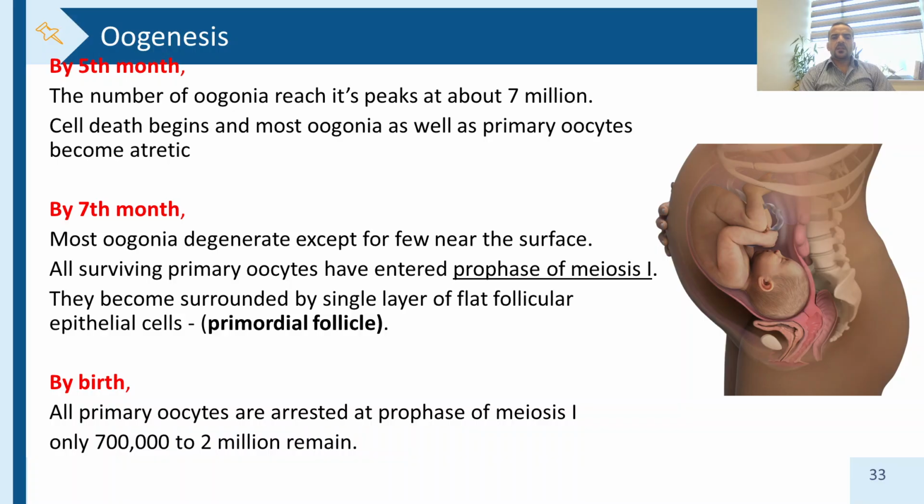At this age they will be surrounded by a single layer of follicular cells. Cells from the epithelium of the ovary will surround the primary oocyte with a structure we call a primordial follicle. So the primary oocyte surrounded by a single flat layer of epithelial cells we call a primordial follicle. By birth, when the baby girl comes into the world, all primary oocytes are arrested at the prophase of the first meiotic division, and the number will be reduced from 7 million to approximately 700,000 to 2 million.